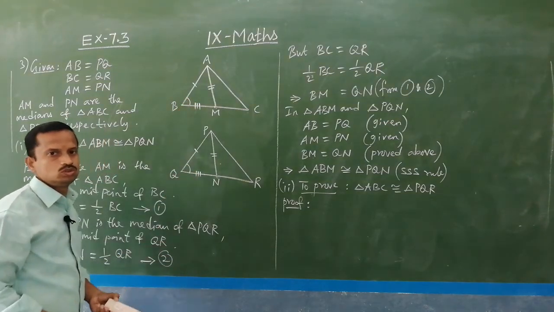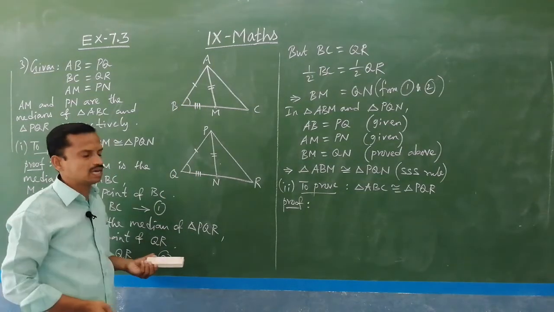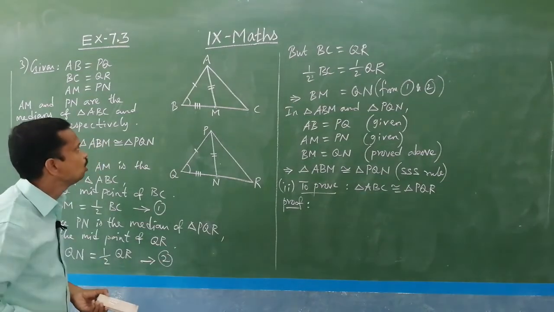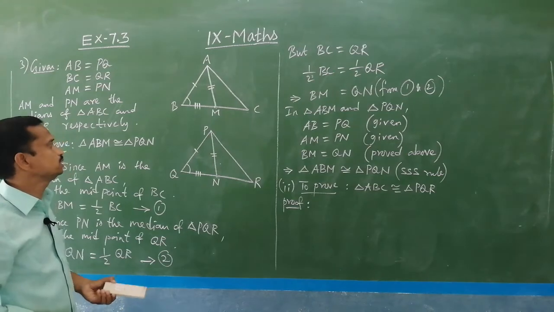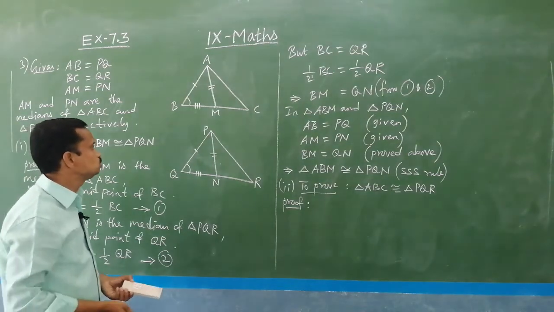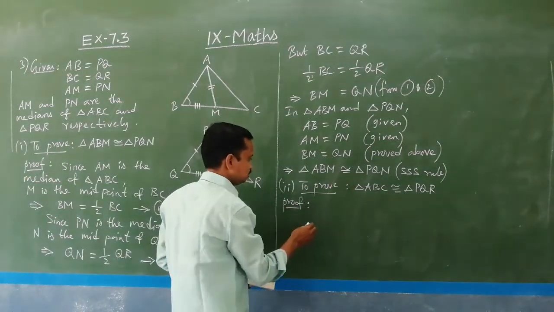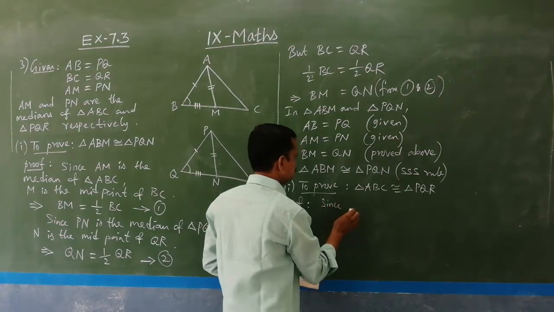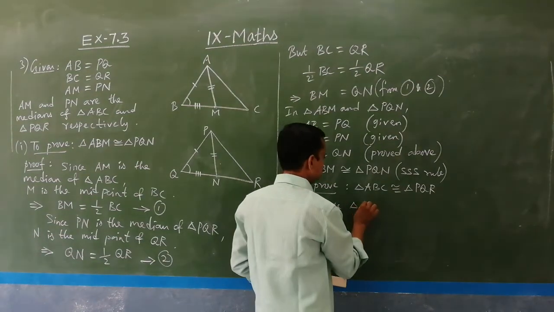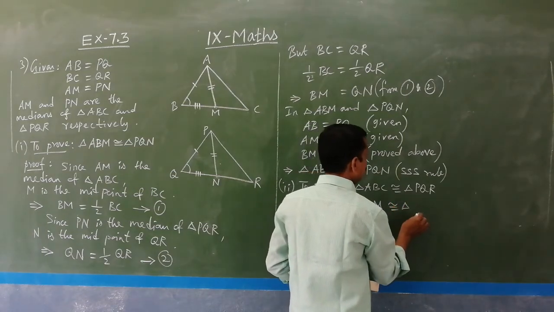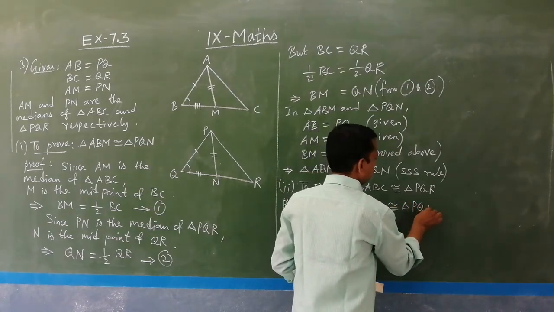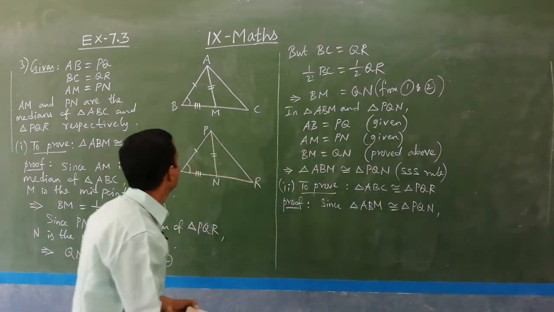If you say angle B and angle Q are equal, then it is easy to say the two triangles are congruent. How to say that? Since triangle ABM is congruent to triangle PQN, what can we say?